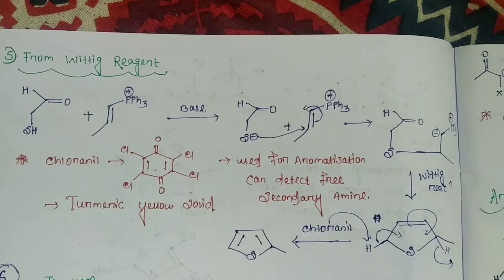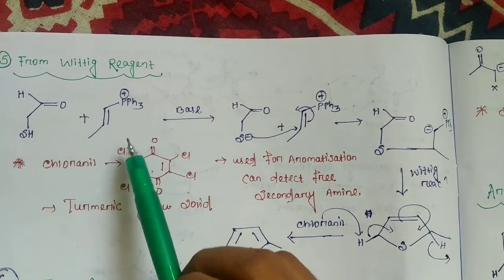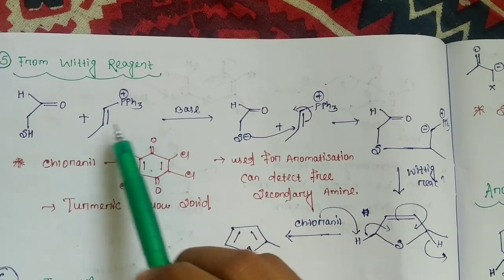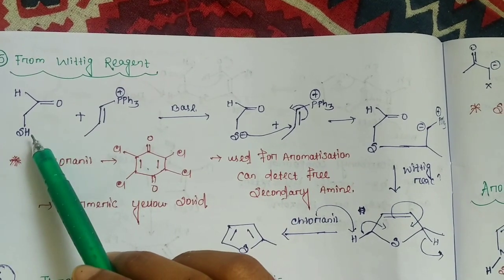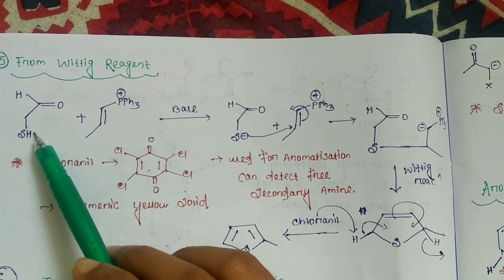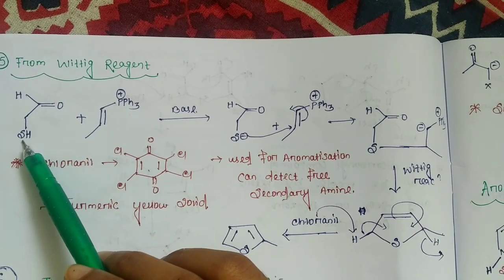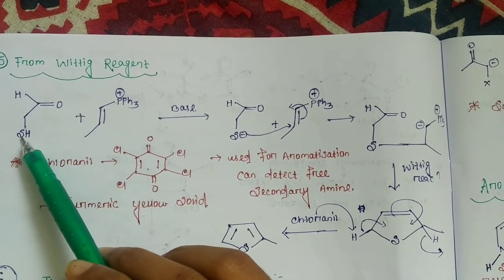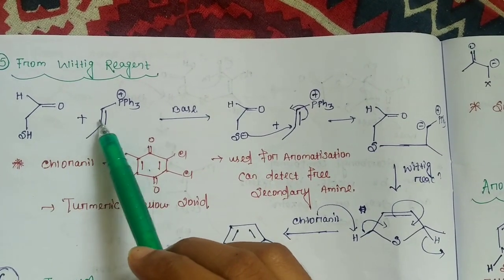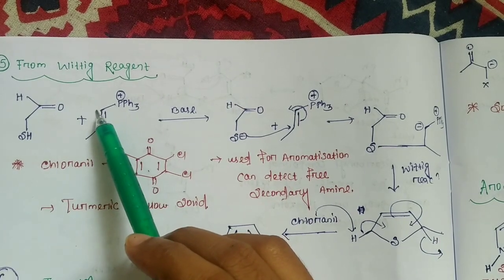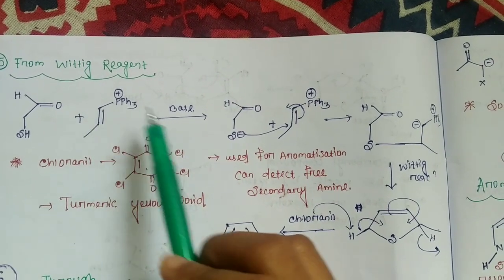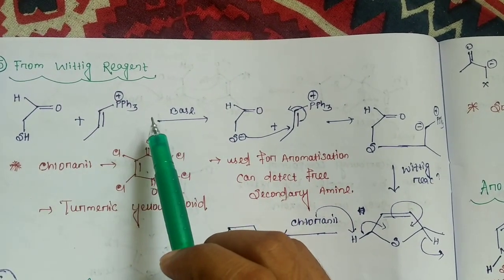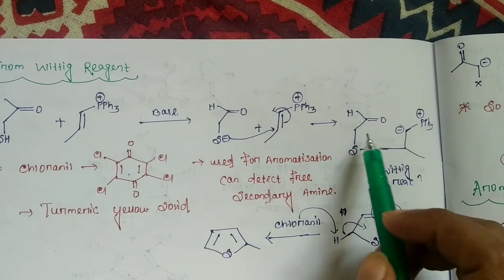From Wittig reagent. As we know, this is a Wittig salt only, because when base abstracts a proton from here, the negative charge will be generated on sulfur. The negative charge will attack here and the bond will move to this carbon, generating a negative charge. So we will get a Wittig salt kind of thing.